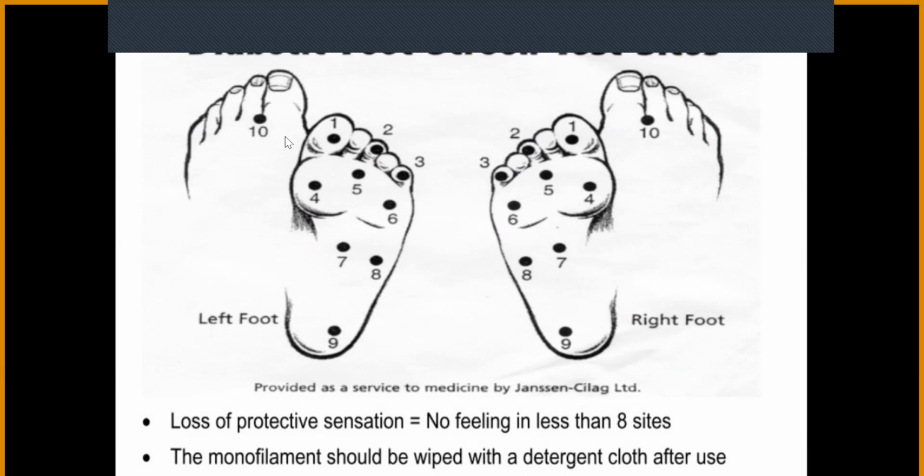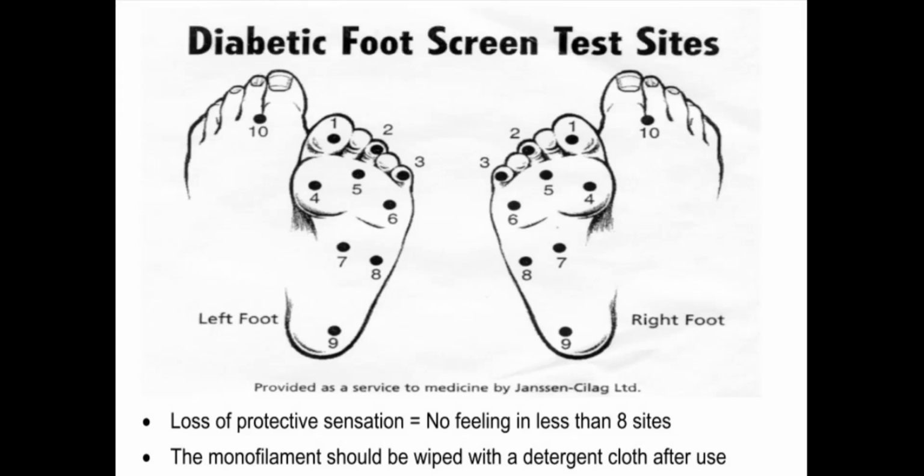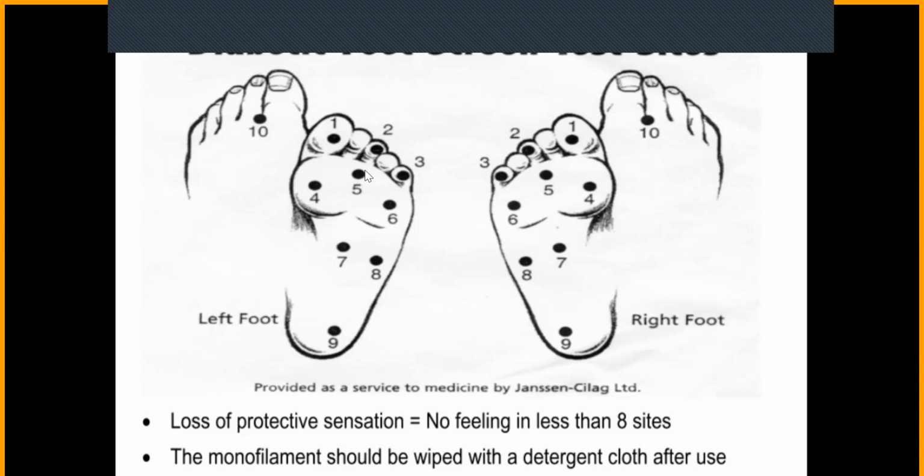When you put the pressure, it must buckle up to 1 centimeter and contact time must not be more than 2 seconds. Means putting the monofilament over the foot and lifting it off must take at most 2 seconds. So when there is loss of sensation in 8 or more areas, it is said to be a high risk foot for developing ulcer.